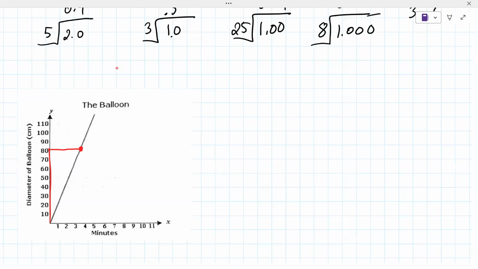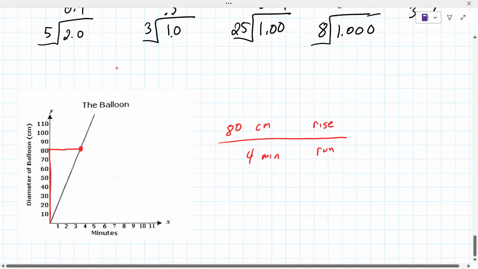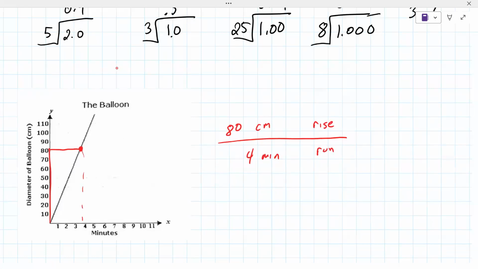It's this 80 centimeters, that's the rise part, over 4 minutes, that's what's called the run part. So you have to find a nice point on the graph there to use for this.